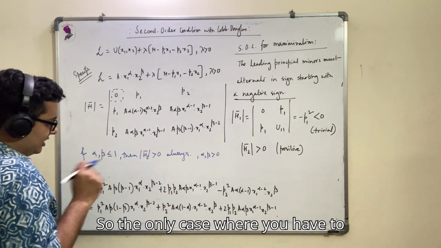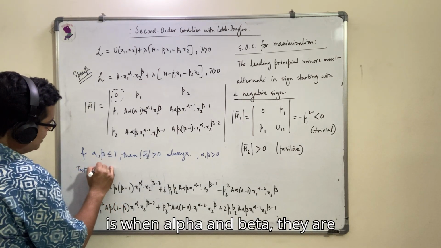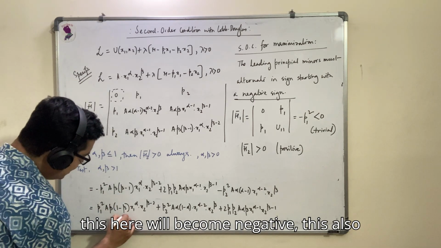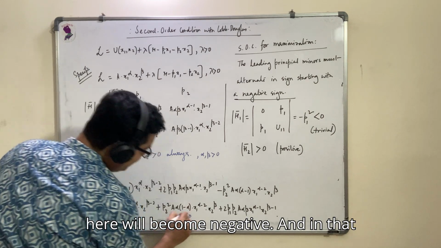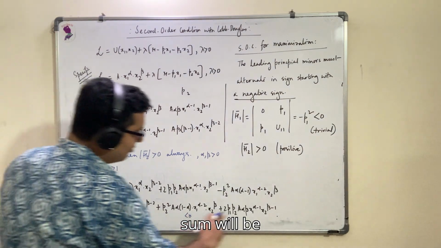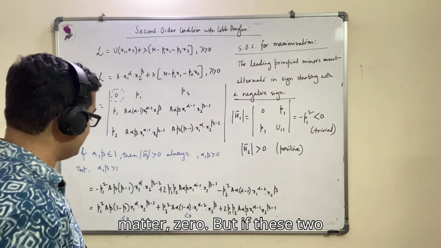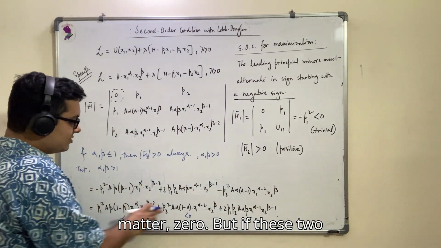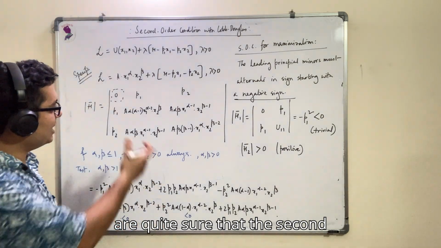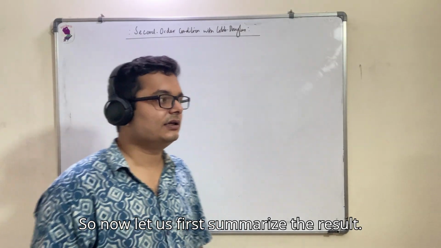Okay, so the only case where you have to actually test is when alpha and beta are greater than 1, because in that case this will become negative, this also will become negative, and in that case we are not sure whether the sum will be positive or negative, or for that matter 0. But if these two are less than or equal to 1, then we are quite sure that the second order condition is satisfied.